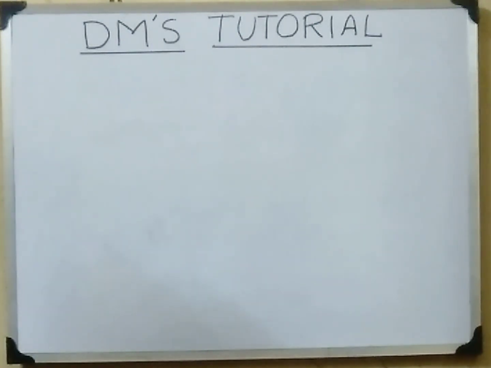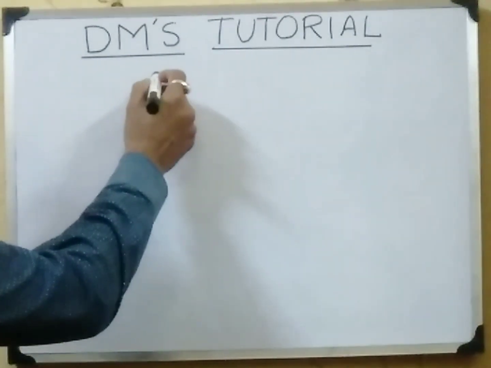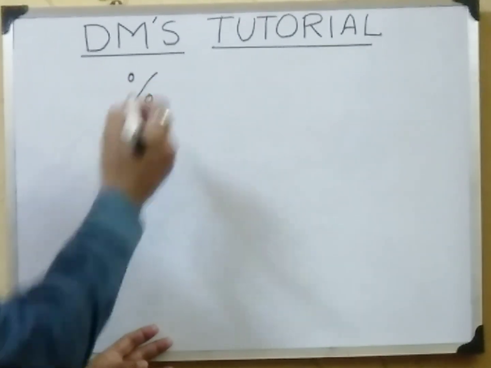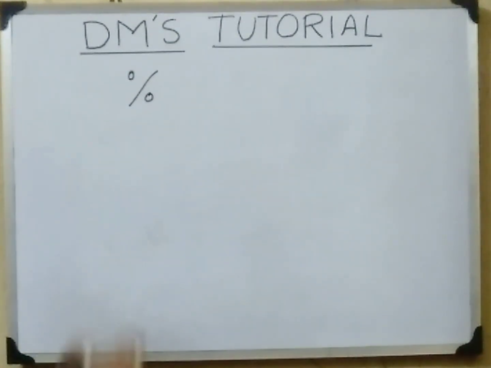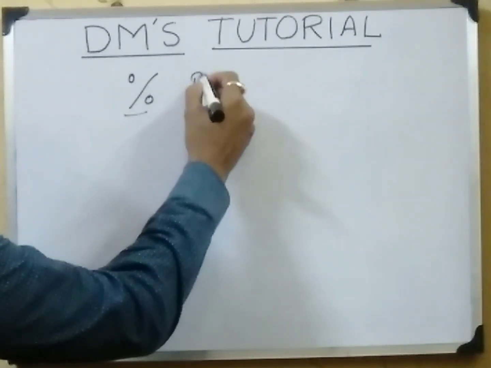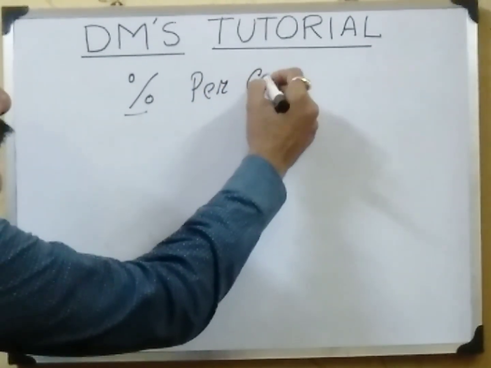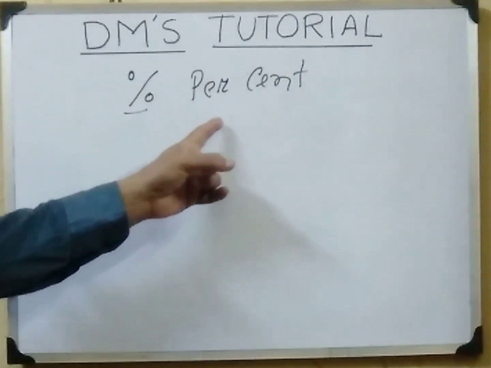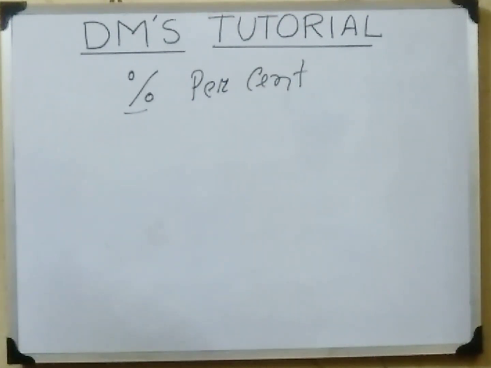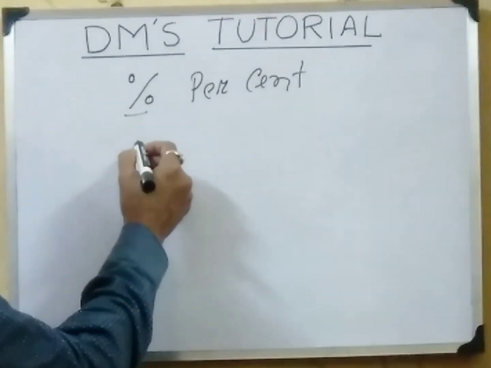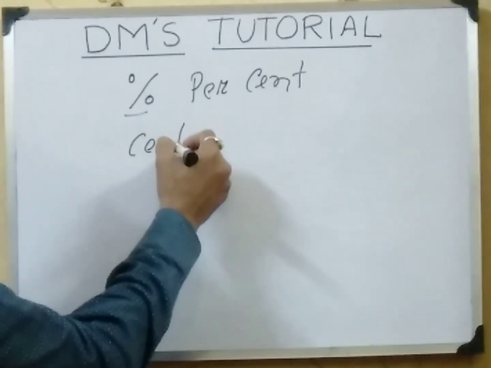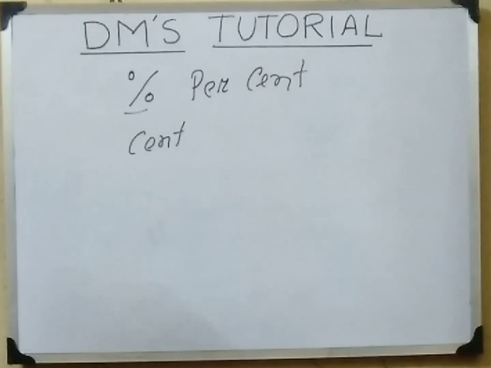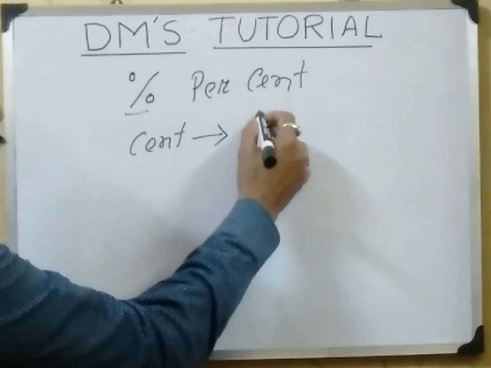Now we start the percentage. First of all, we will discuss what the percentage means. The symbol is like that. This is called the percentage symbol. The word is percent. What does it mean? Cent. This word comes from the word century.